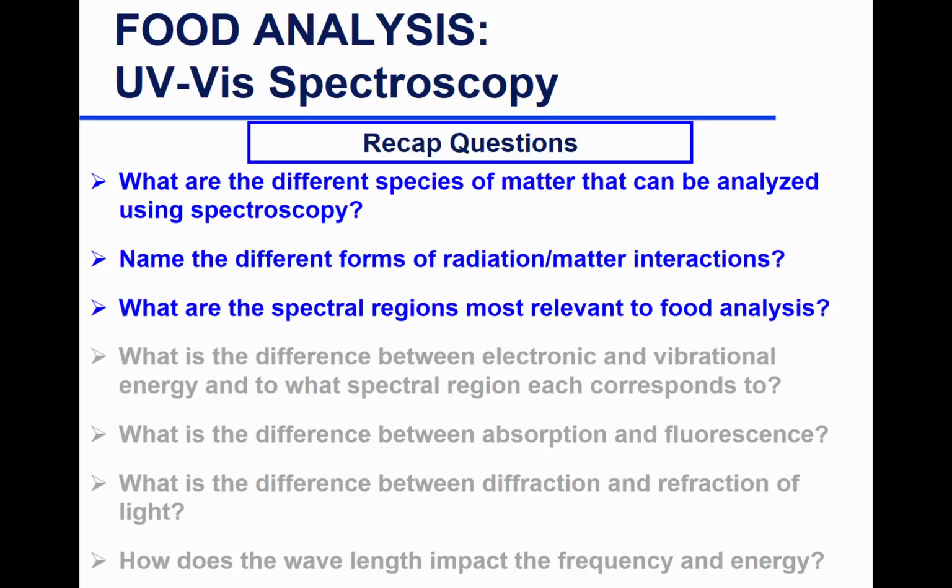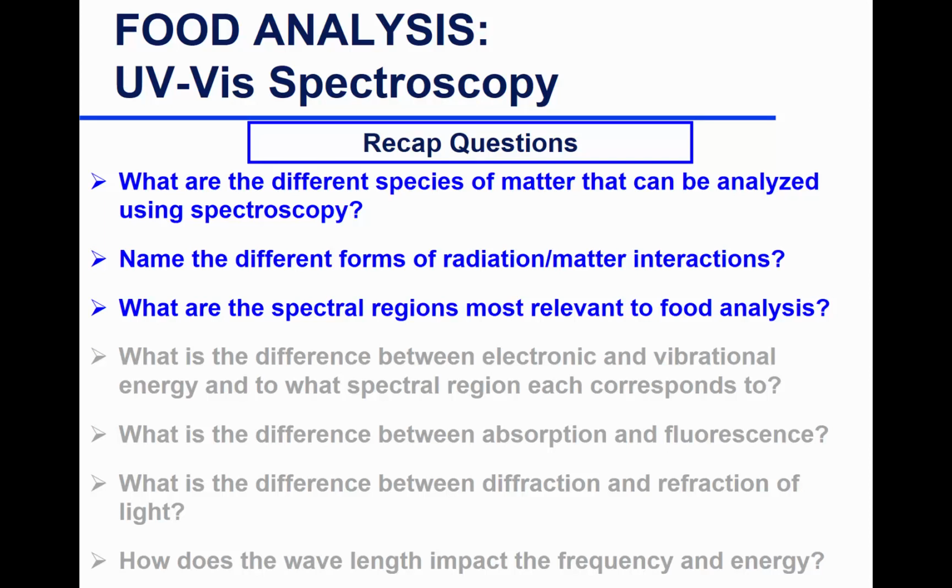Name the different forms of radiation-matter interactions. What did we talk about in terms of interactions? Well, the electronic, vibrational energy. These are the different types of energy. But what forms of interactions are there between radiation and matter? Grace.